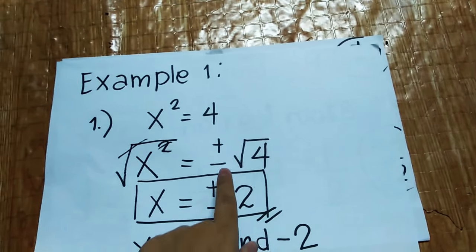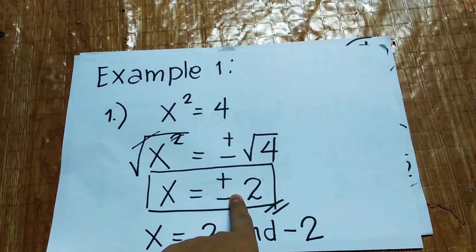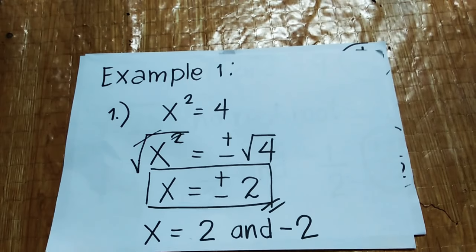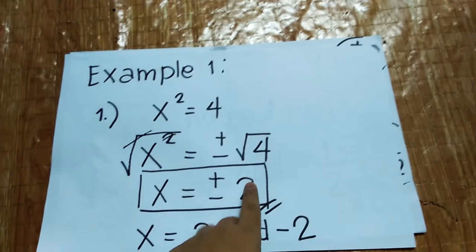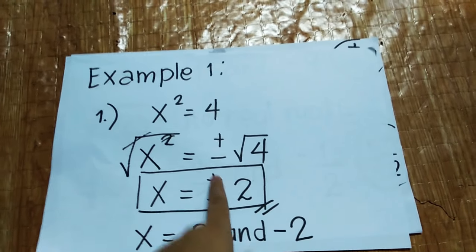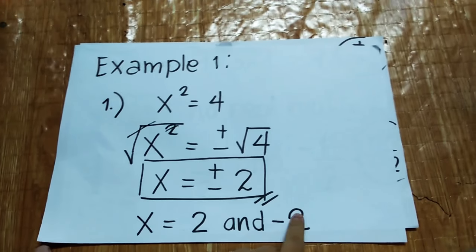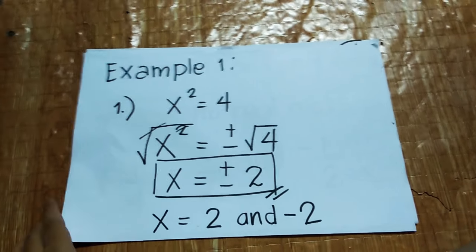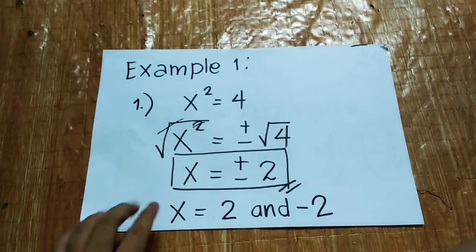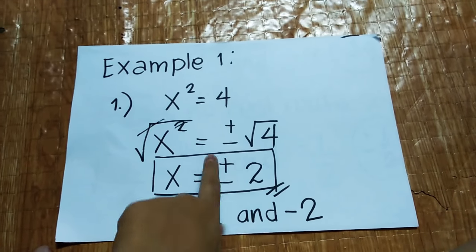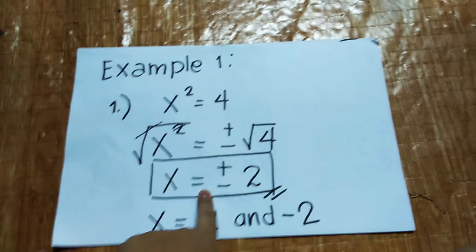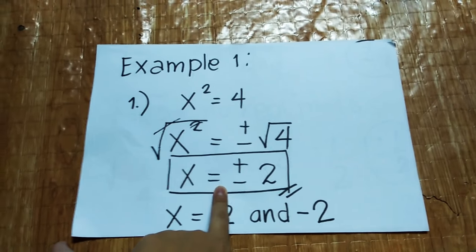Then we put positive and negative, and take the square root of 4, which is 2. So x is positive 2 and negative 2. It's easier to write it as plus or minus 2, but it means two numbers.